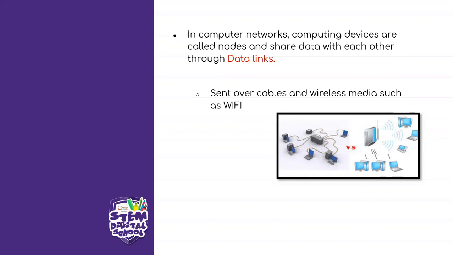Data links allow computers to share the same device or the same information. Data links are sent over cables and wireless media such as Wi-Fi. These computers are connected to this one wirelessly, so they are connected through data links.